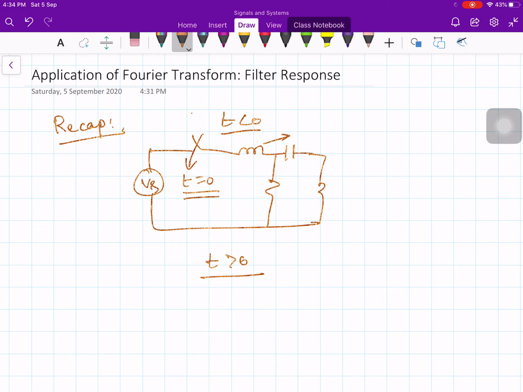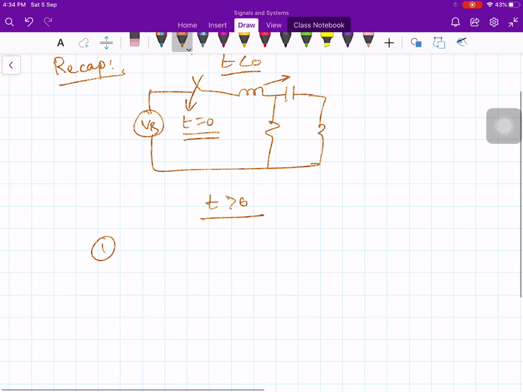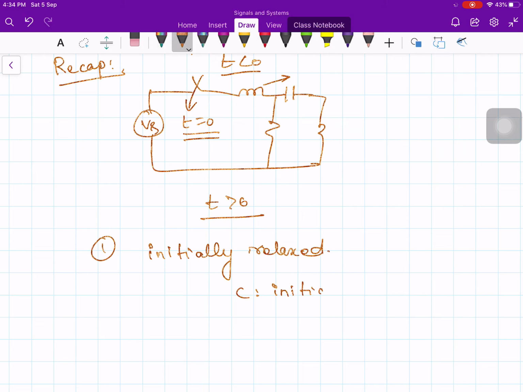The first assumption is that the network is initially relaxed. That means it has no initial energy stored in the network. In other words, capacitors are initially uncharged and inductors carry no current.